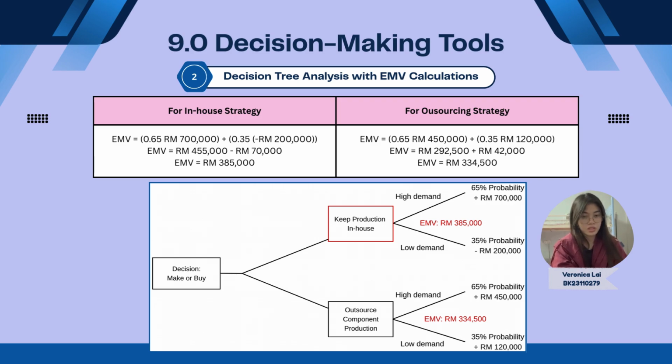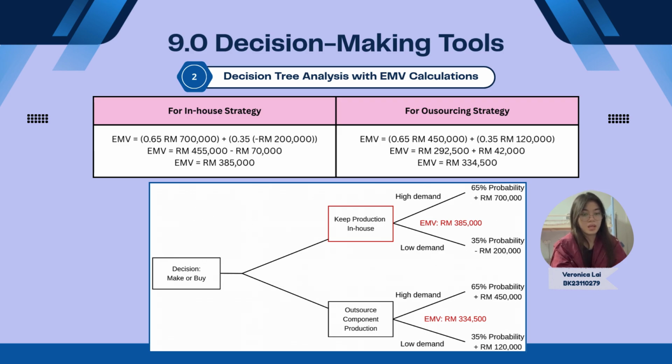For the outsourcing strategy, the payoffs are smaller. High demand gives 450,000 ringgit Malaysia, while low demand still provides a gain of 120,000 ringgit Malaysia. The EMV here is 334,500 ringgit Malaysia.